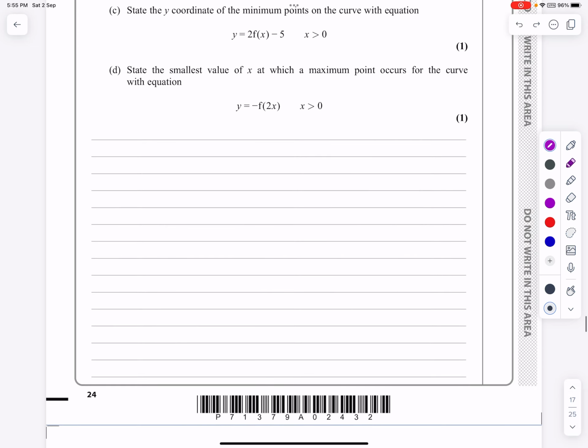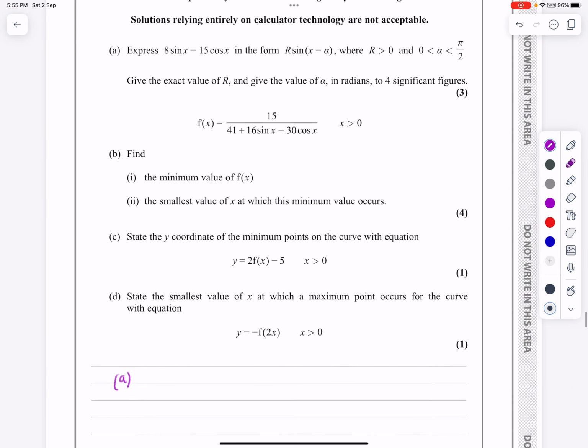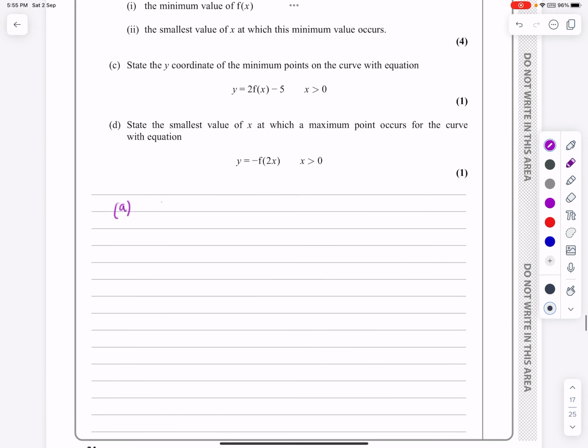Very straightforward. We should be absolutely on top of doing these types of questions. What have we got? We've got 8 sine x minus 15 cos x, and what we need to do is to rewrite that in the form R sine x minus alpha.